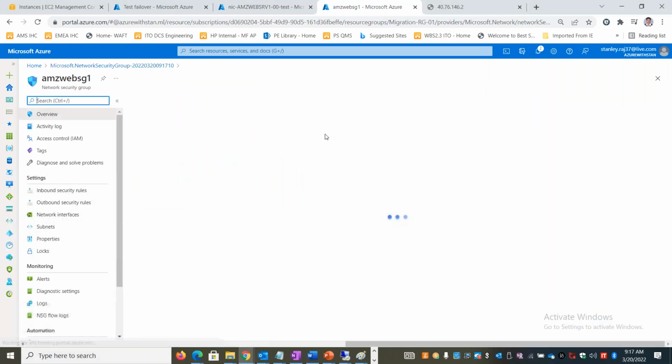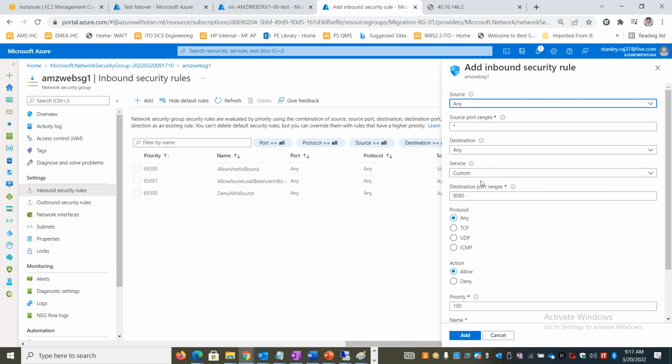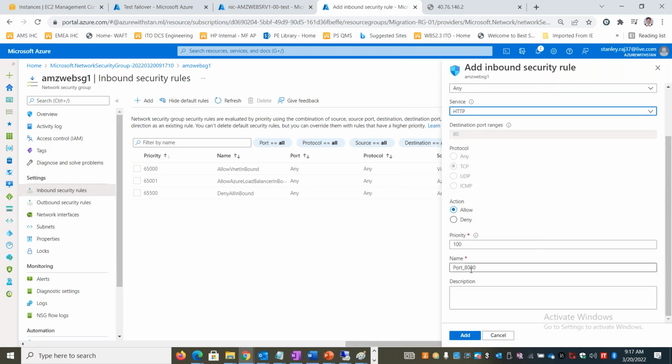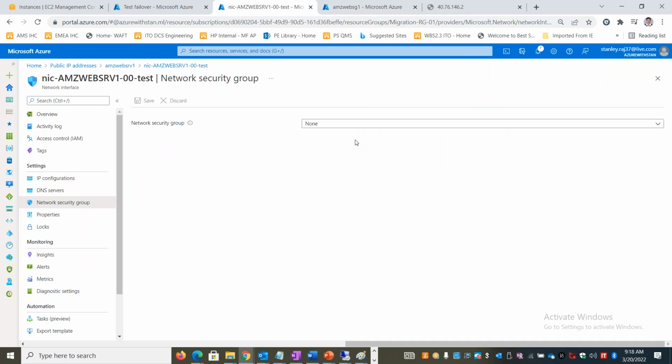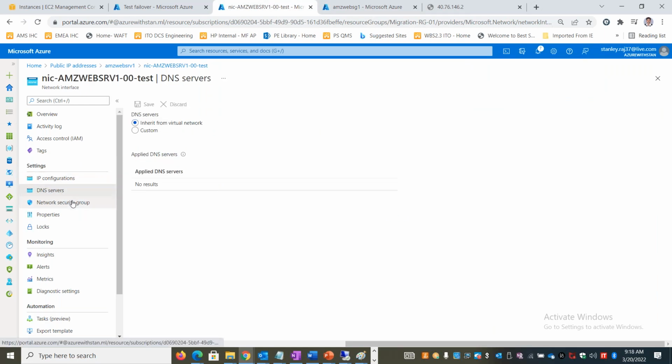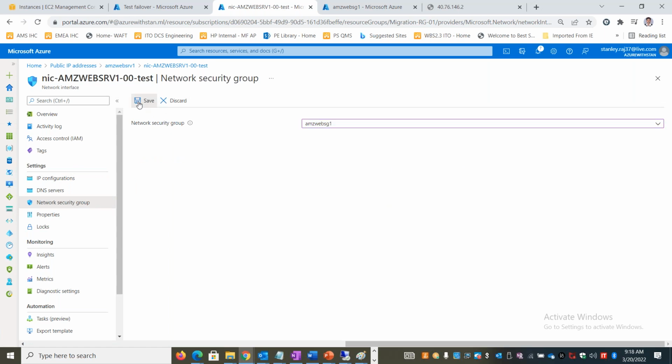Okay, done. Now we can allow the inbound traffic. I will allow the HTTP. Now we are done. I can associate that network security group now. Save it.